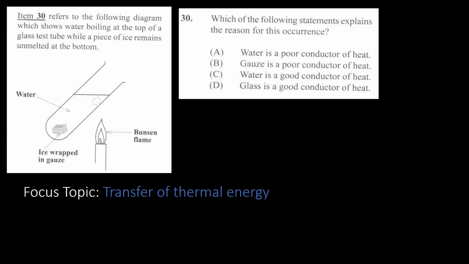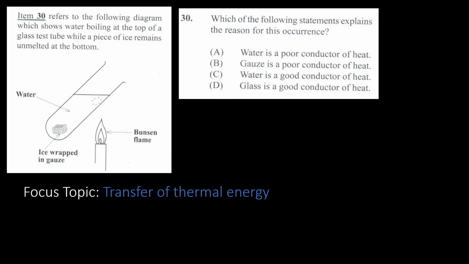Right. Question 30 is based on the diagram that is being shown. We have some ice that is wrapped in gauze and water in a boiling tube, or a test tube, sorry. And there is a flame that is being applied close to the top of the water surface. Now you can see that the ice remains unmelted, and you're asked to explain why this occurs.